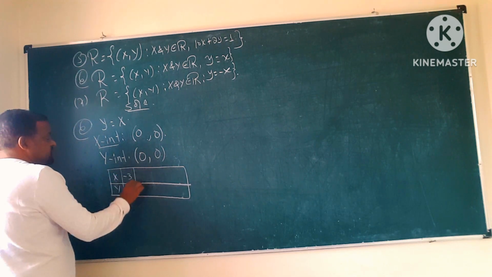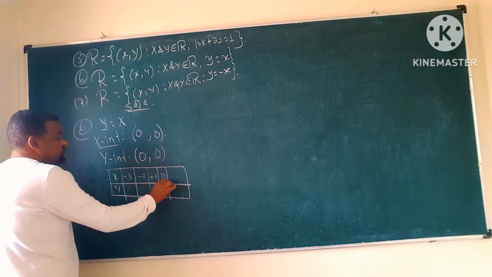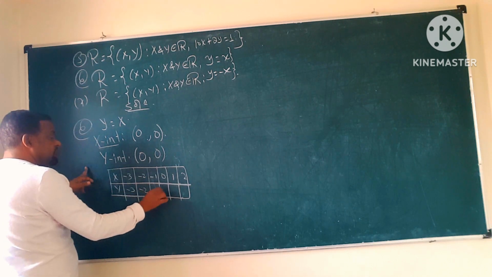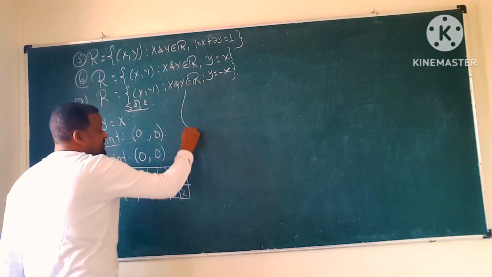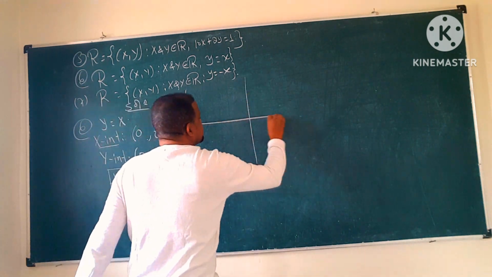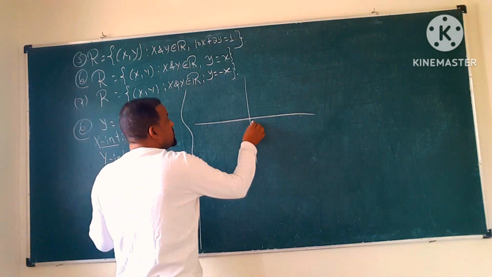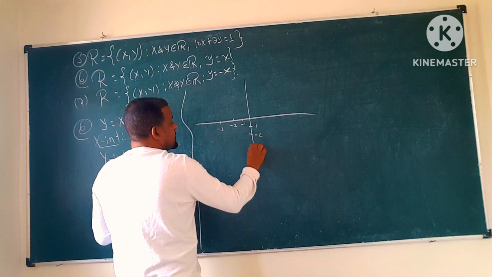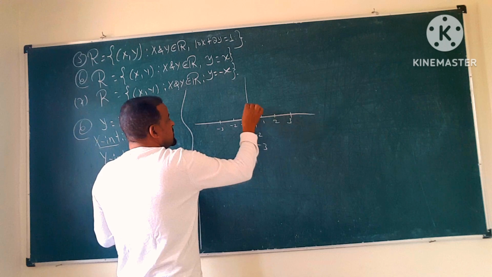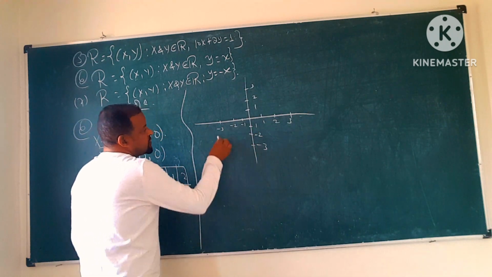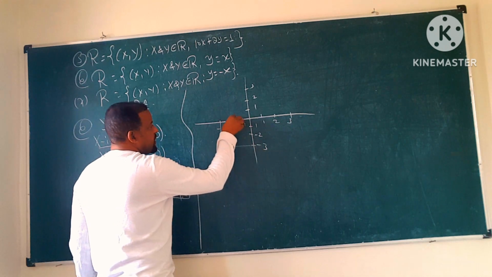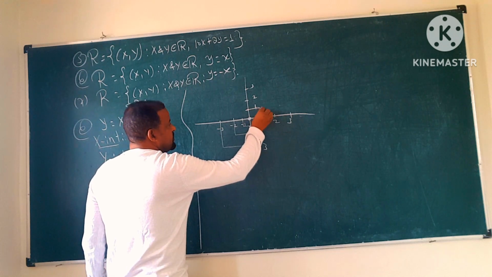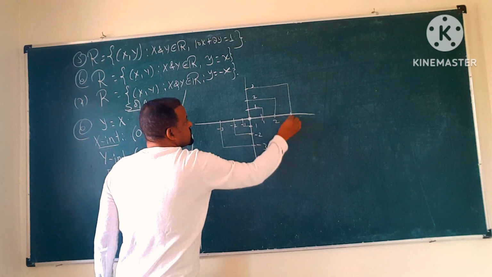This is x, this is y. When x is negative 3, negative 2, negative 1, 0, 1, 2, all are equal, so the y value is the same as x: negative 2, negative 1, 0, 1, 2. So the graph looks like this. Suppose negative 3 is here, negative 2 here, negative 1 here, and 1, 2, 3 on the other side. So when x is negative 3, y is negative 3; when x is negative 2, y is negative 2; when 1, 1; when 0, 0; 1 gives 1; 2 gives 2; 3 gives 3. So these are the points.